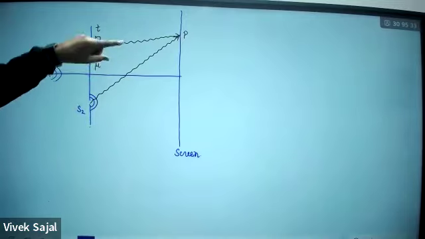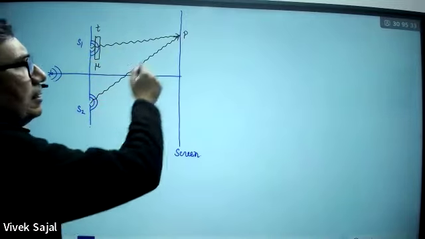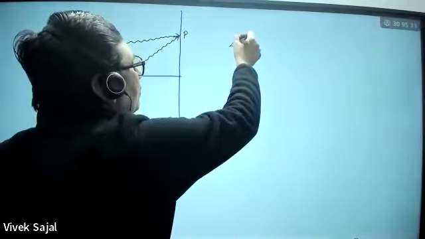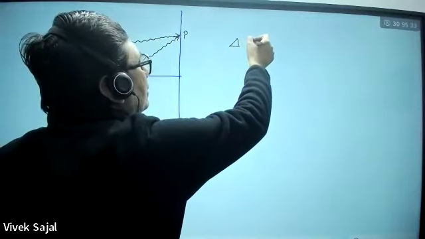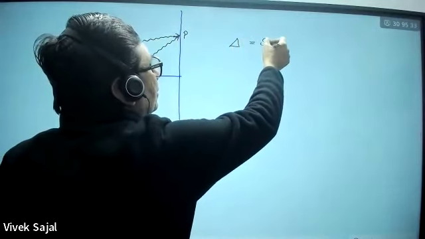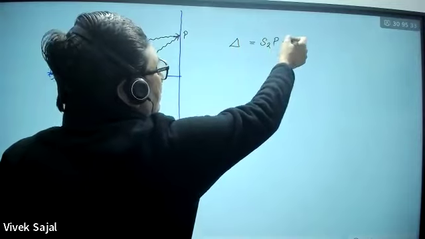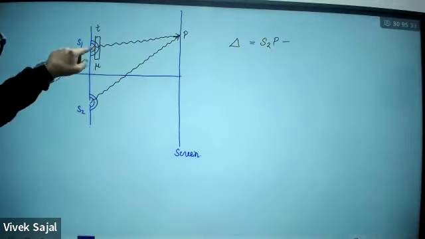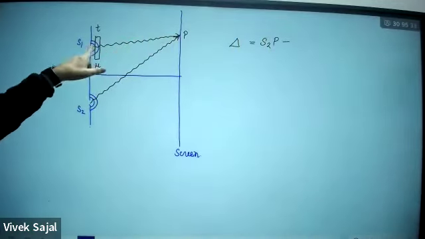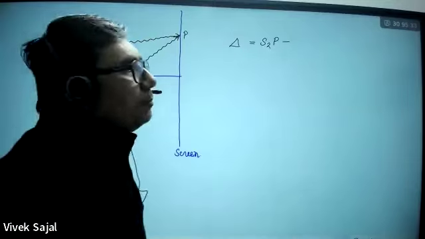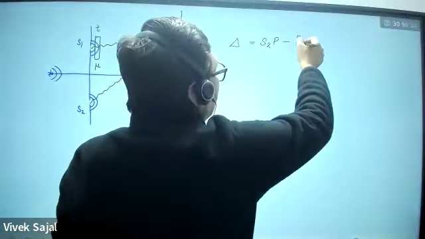Now how much path is traveled by this second one? That is S2P. So what is the path difference? Path difference is S2P minus the path length traveled by the first, which earlier was S1P.